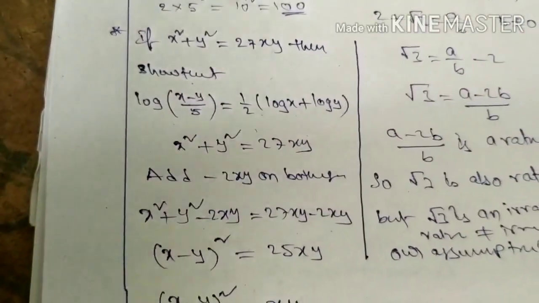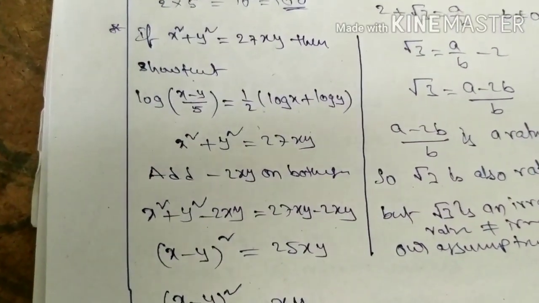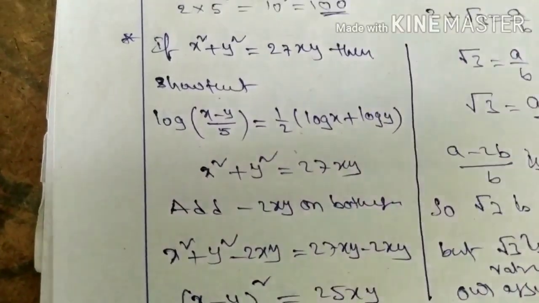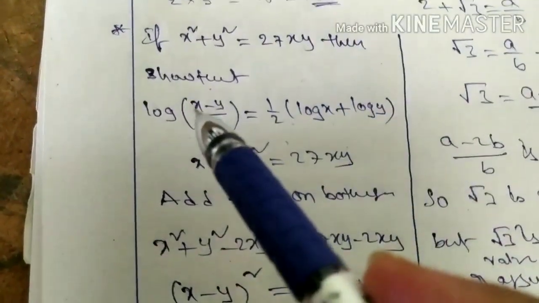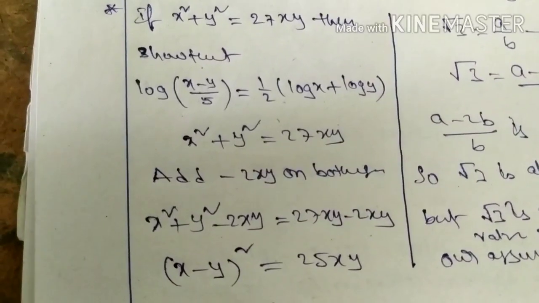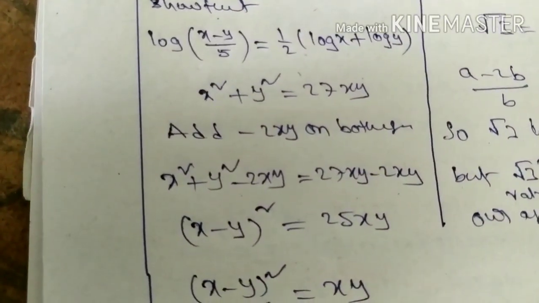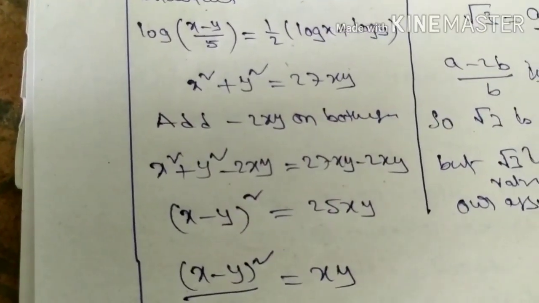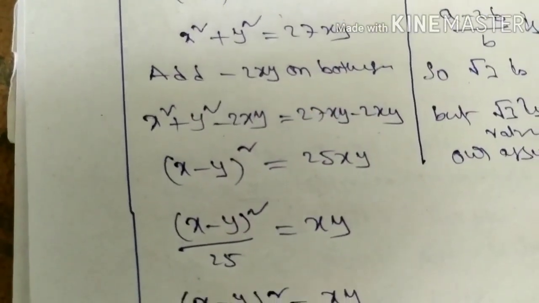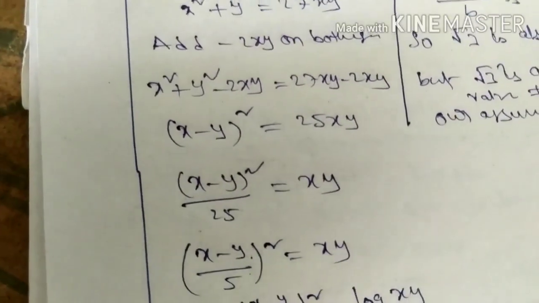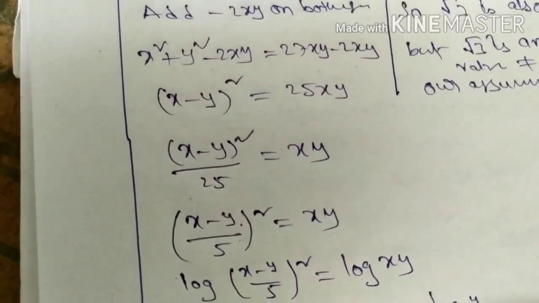First start with what is given: x square plus y square is equal to 27xy. Add minus 2xy. Why did I add the minus? Because a minus is there in what we need to show, that's why I added minus 2xy on both sides. X square plus y square minus 2xy equals 27xy minus 2xy. So 25xy, (x minus y) whole square by 25 on this side. According to the solution, what we require is (x minus y) by 5 whole square is equal to xy.